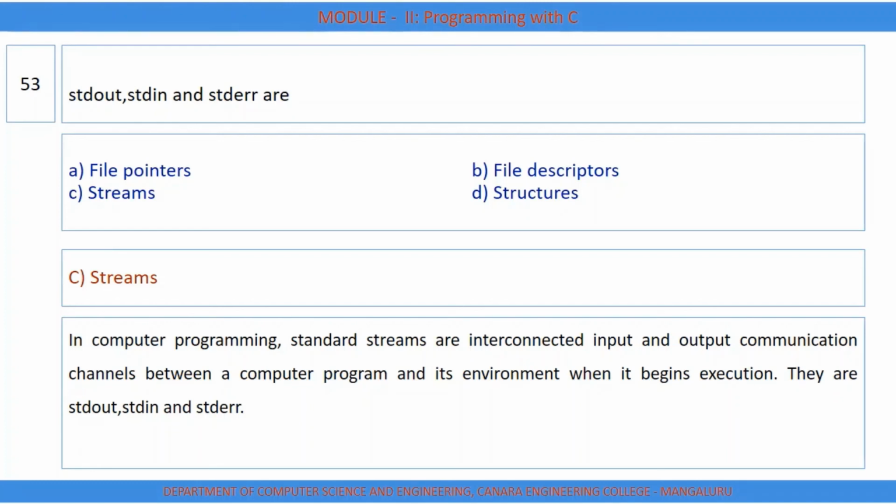In C, all input and output is done with streams. A stream is nothing but a sequence of bytes of data. A sequence of bytes flowing into a program is known as an input stream. A sequence of bytes flowing out of the program is known as an output stream. And the standard error stream is used to display error messages.